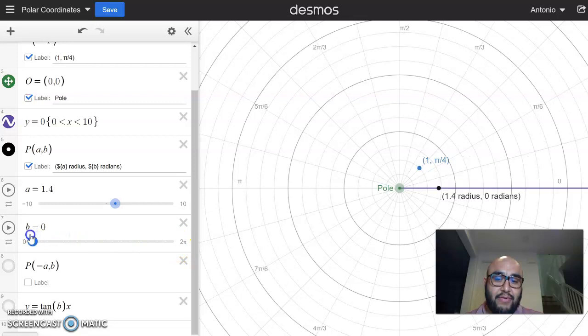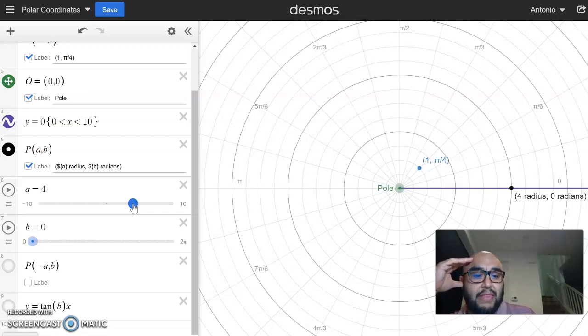Now I'm going to fix my angle. If I vary the radius, it doesn't move in a circular pattern; it just moves along that line, but always, in this case, 4 units from the pole.